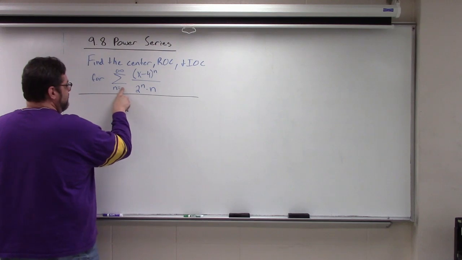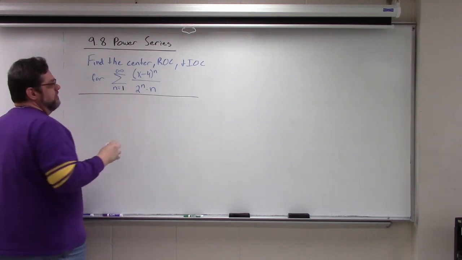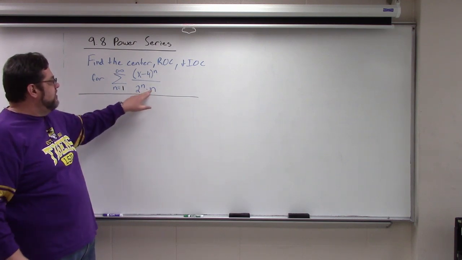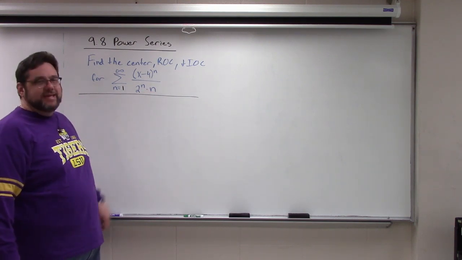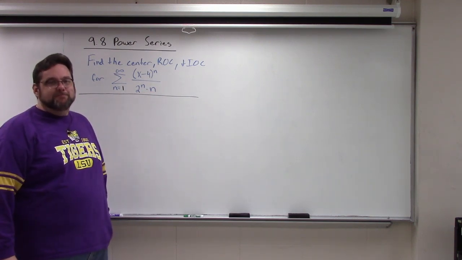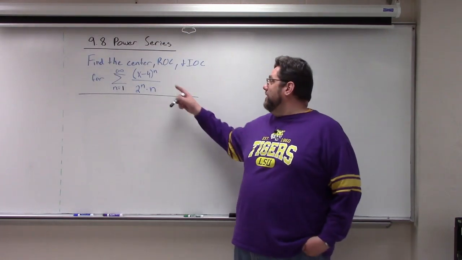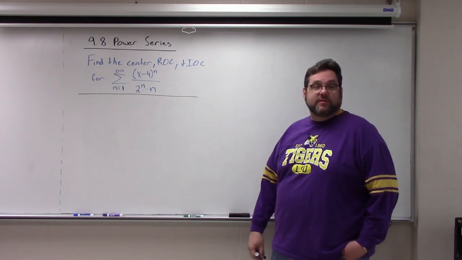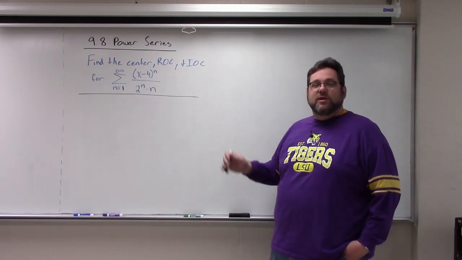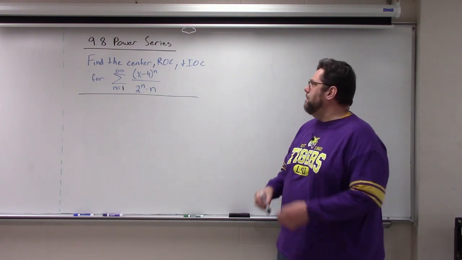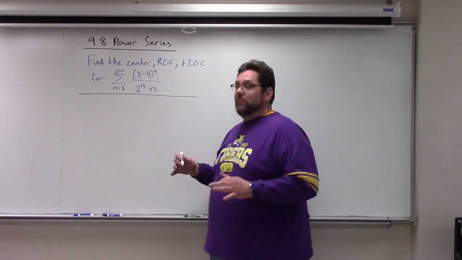In this case, we really need to change this to from 1 to infinity, because 0 would have caused a problem, having 0 on the bottom. So to avoid that, we're going to look at this series from 1 to infinity, which is a little different than our normal power series, but it's okay. We can deal with it. Everything works the same way.